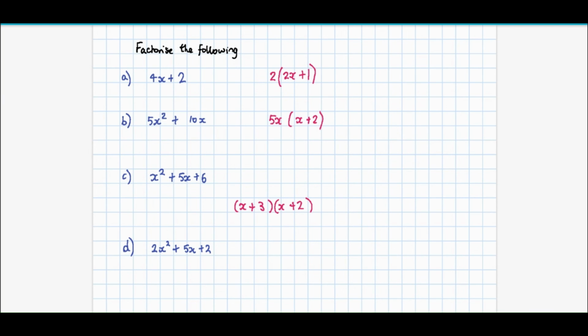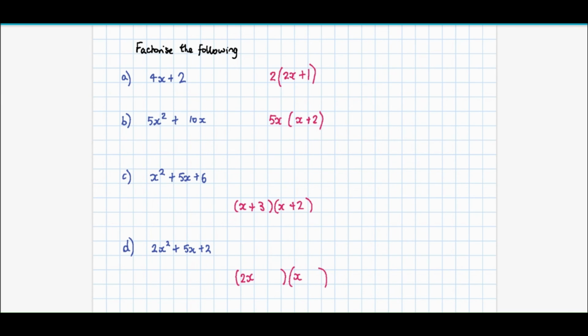Now, for this next one, we've got 2x squared plus 5x plus 2. So we know that in one of these brackets is going to be a 2x, and the other one of the brackets is going to be x. And we're going to want to times something together to make the 2. So the only thing which works here is 2 and 1. However, with this 2x, something is going to have to be times twice to plus together to make the 5.